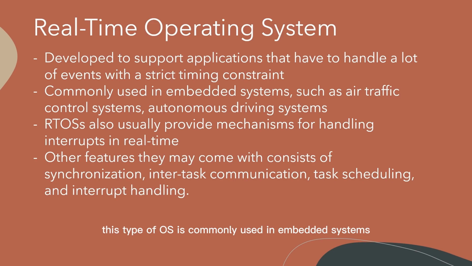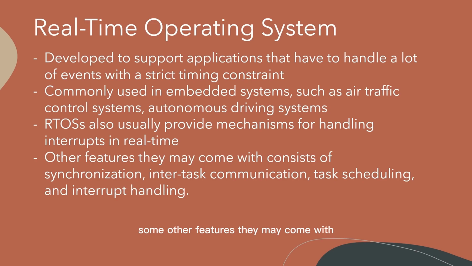This type of OS is commonly used in embedded systems such as air traffic control systems, autonomous driving systems, and other applications where real-time responses are critical to the functionality of that system. Real-time operating systems also usually provide mechanisms for handling interrupts and exceptions in real time to ensure that the system can respond to critical events with minimal latency.